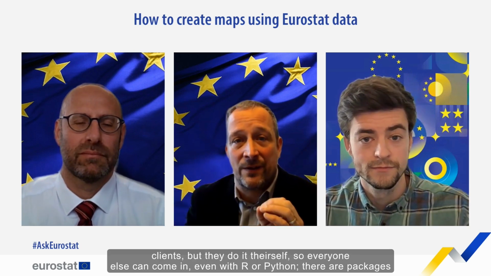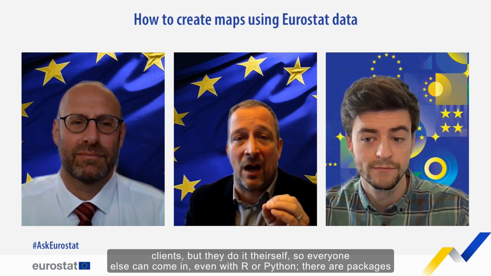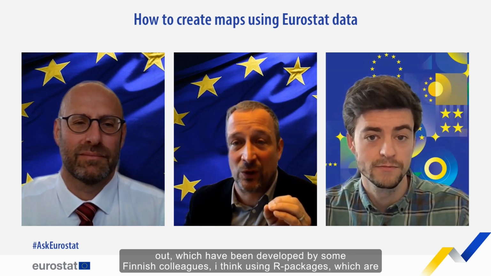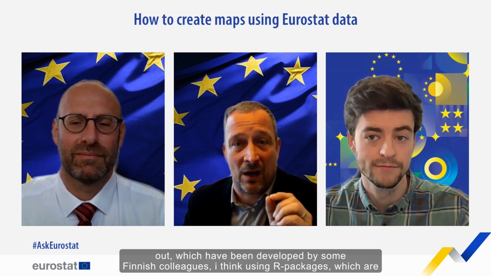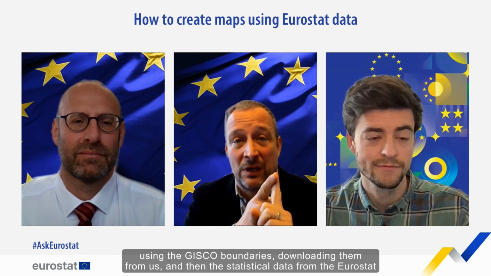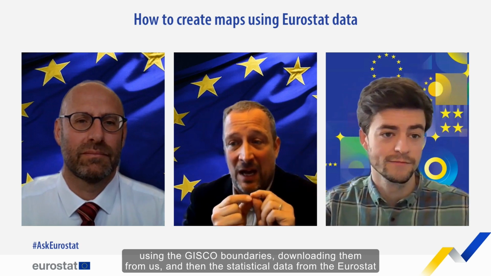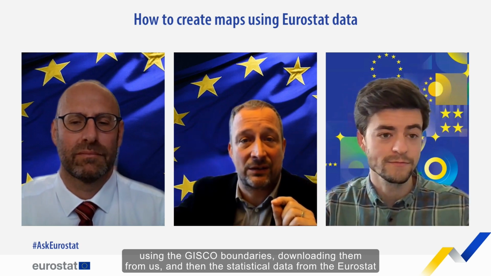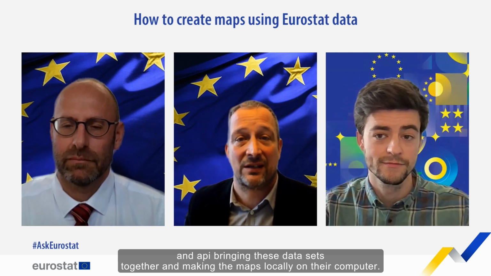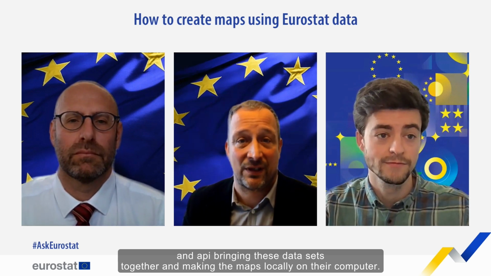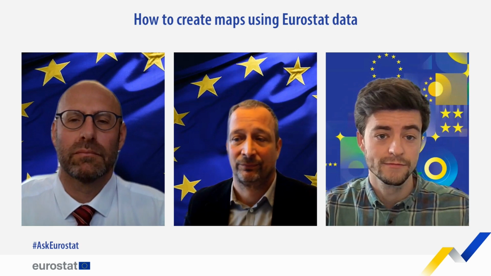So everyone else can come in, even with R or Python. There are packages which have been developed by some Finnish colleagues, I think, using R packages, which use the JISCO boundaries, downloading them from us, and then the statistical data from the Eurostat API, bringing these data sets together and making the maps locally on their computer.